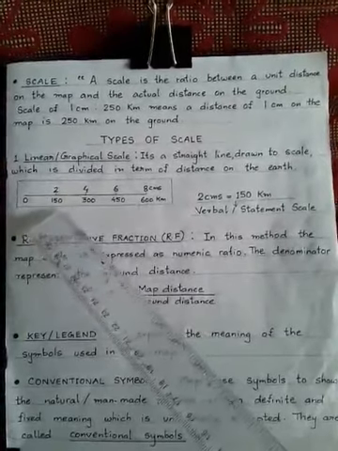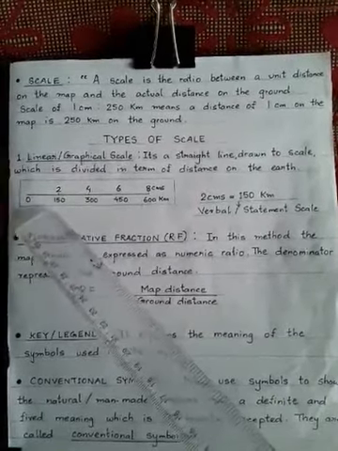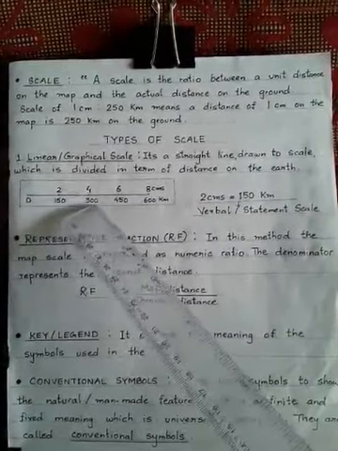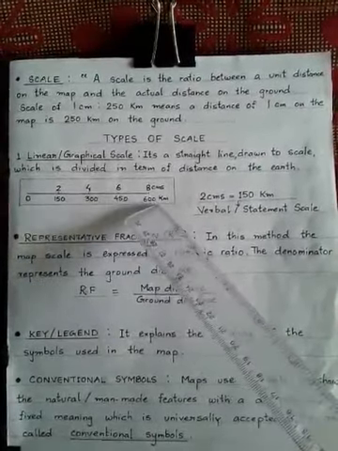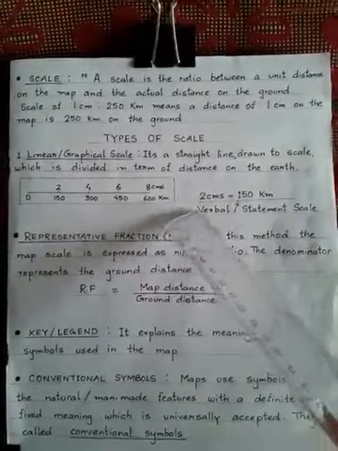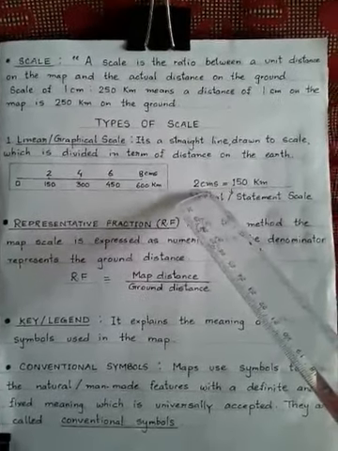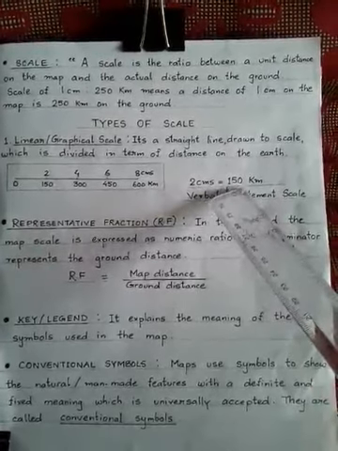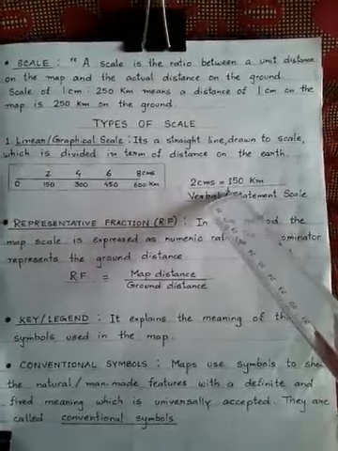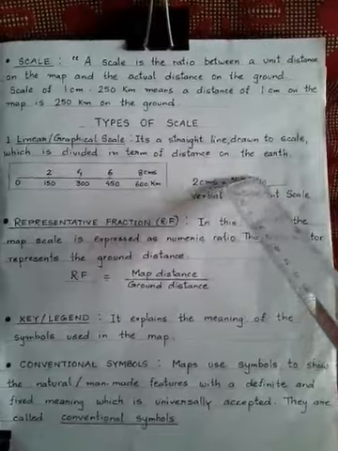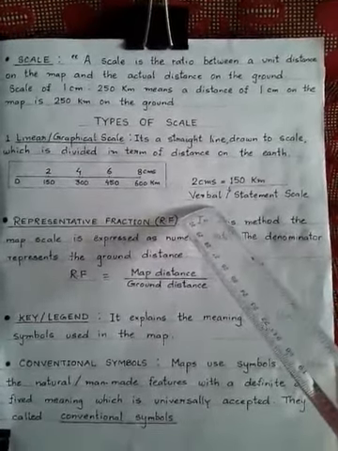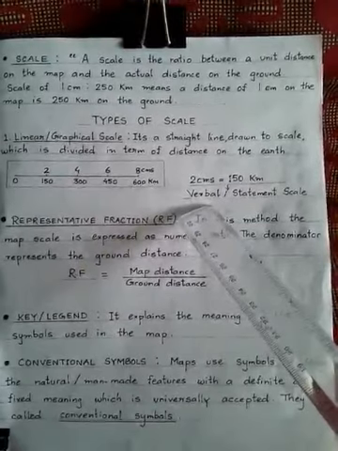And the actual distance on the ground is 150 kilometers, 300 kilometers, 450 kilometers, 600 kilometers. What does it mean? It means 2 centimeters on the map is the actual distance of 150 kilometers on ground. And when it is written like this, it is called a verbal or statement scale.